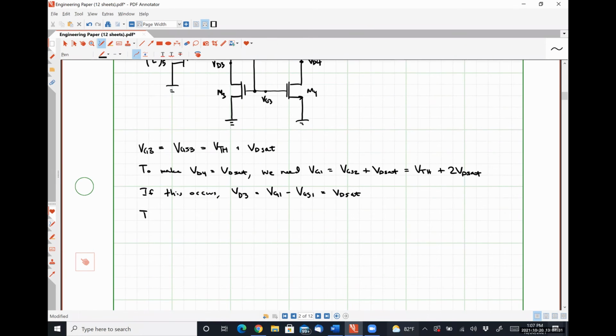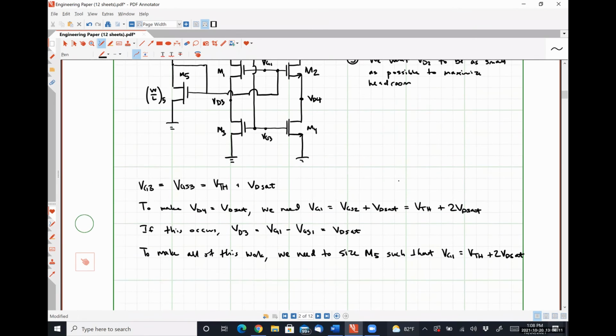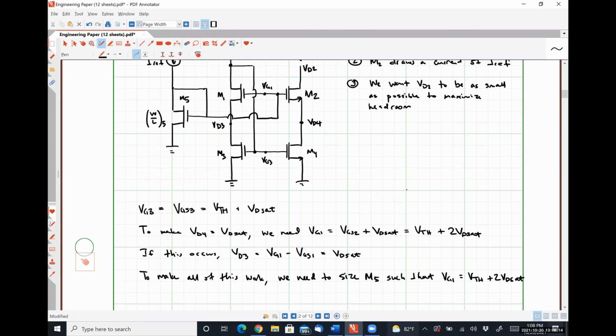So to make all of this work, we need to size M5 such that VG1 is equal to VTH plus twice VDSAT, all right? So let's look at what we've got going on here.